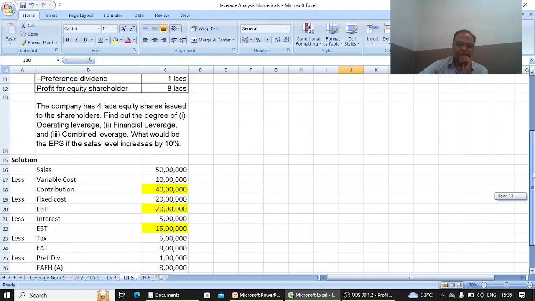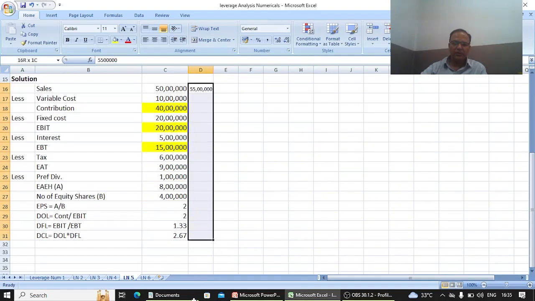Now, in second part, what would be the EPS if the sales level increases by 10%? It means it will be 55 lakhs. Now you have to calculate only EPS.